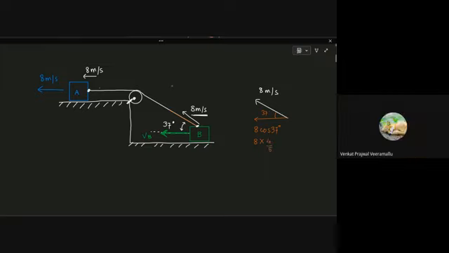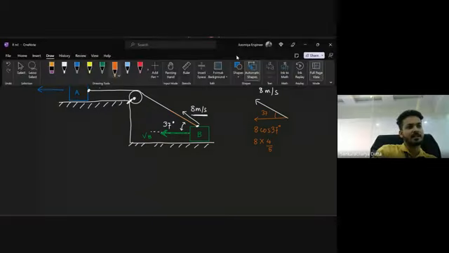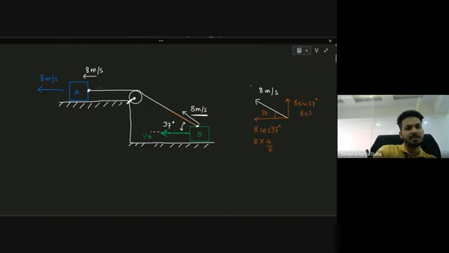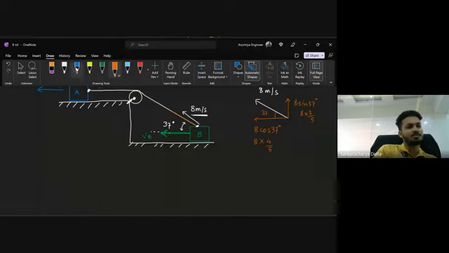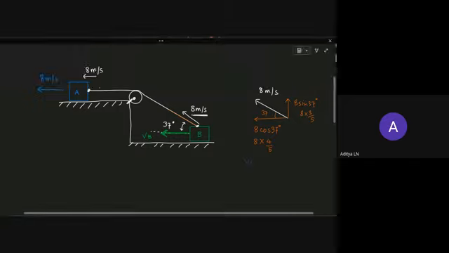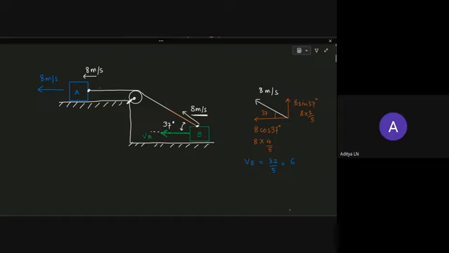And the other one would be 8 sin 37, which is 8 times 3 by 5. Guys, tell me what is wrong with this approach. This logic is not necessarily wrong: if the string is pulling the block fast enough that the block actually lifts up, then it's right.